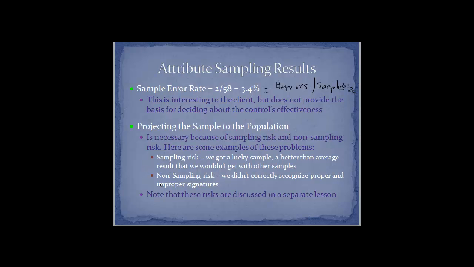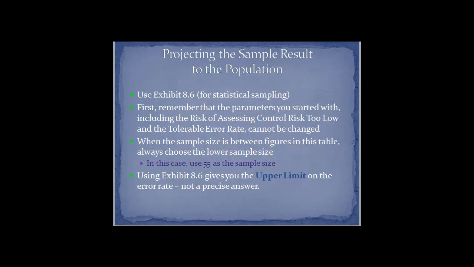Since you cannot guarantee that these risks are 0, we are always required to project from the sample to the population. If we're doing it in a statistical way, we do that by using a statistical sample. If we're doing non-statistical sampling, the auditor will just decide, is 2 too many or is 2 fine out of a sample of 58 checks.